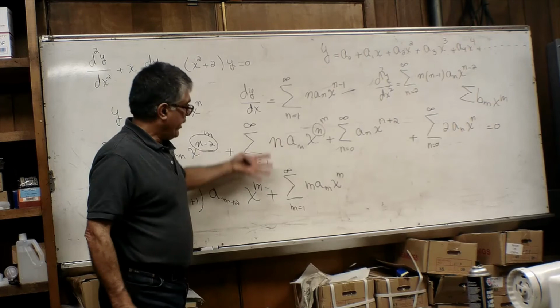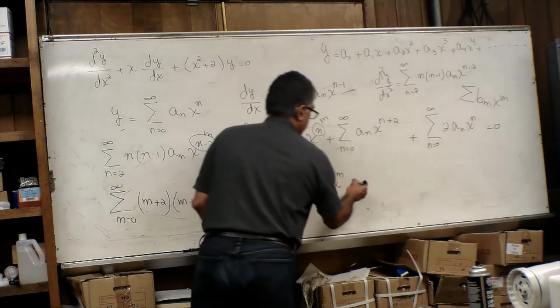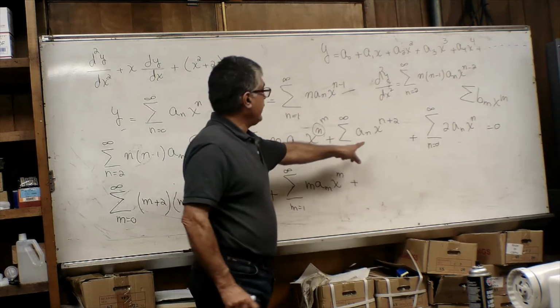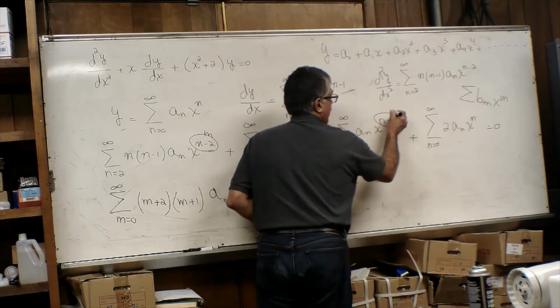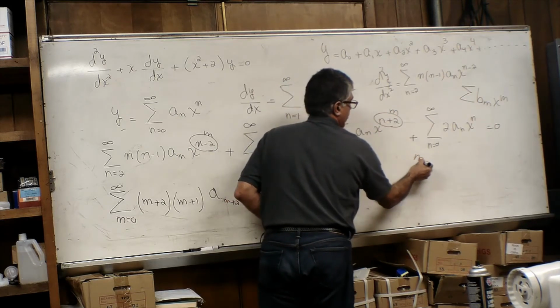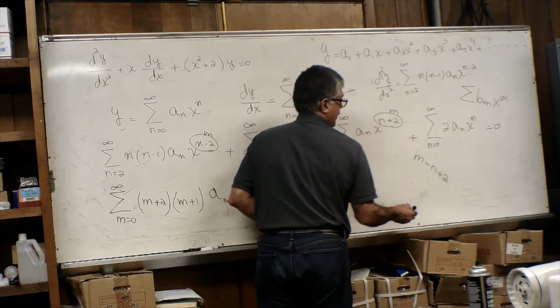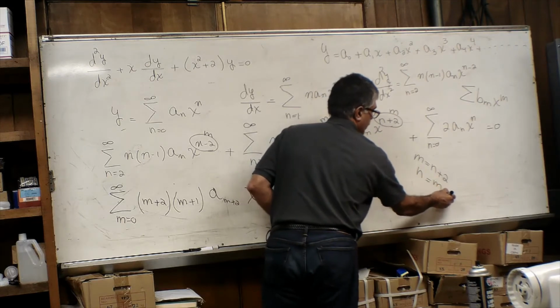m is equal to n, so this is for the next portion, plus. For this portion, in order for us to have x to power m, we have to assume that m is equal to n plus 2, then n will be equal to m minus 2.